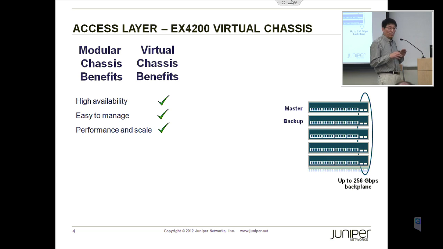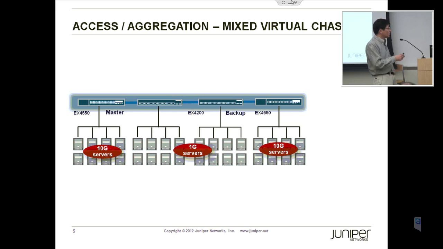It's one IP address to manage, and you can grow by adding modules to it, so you can grow the size and the performance. I think the EX4200 is very good for the access layer, where you can have a lot of 1 gig interfaces connecting to desktops and servers.